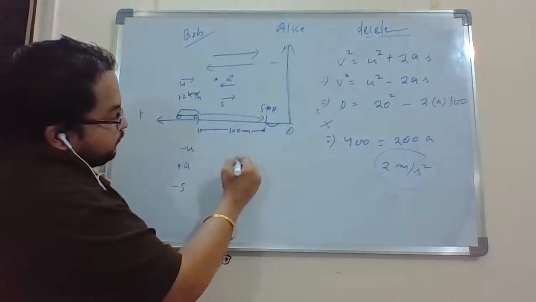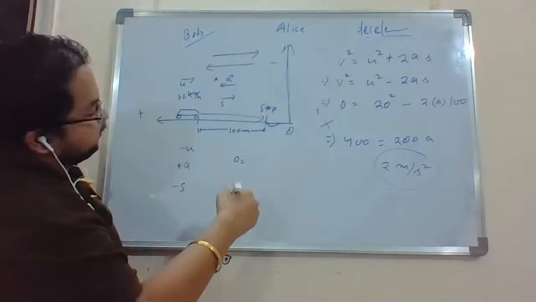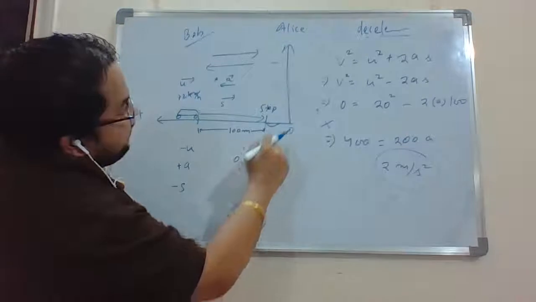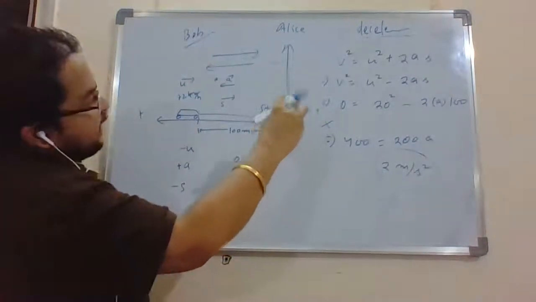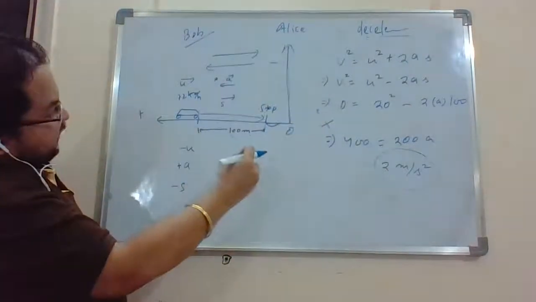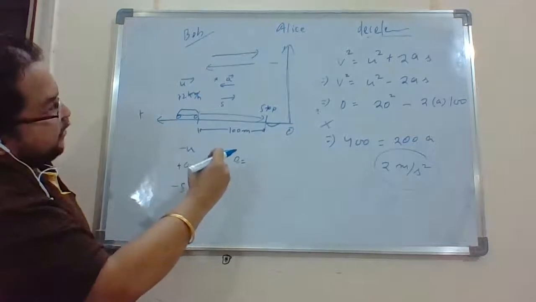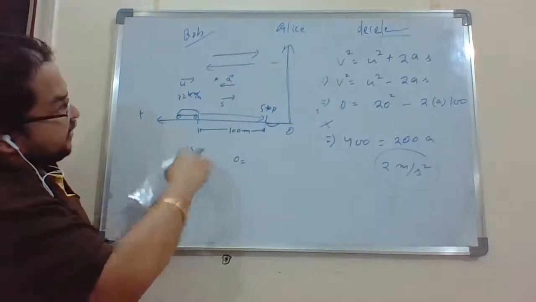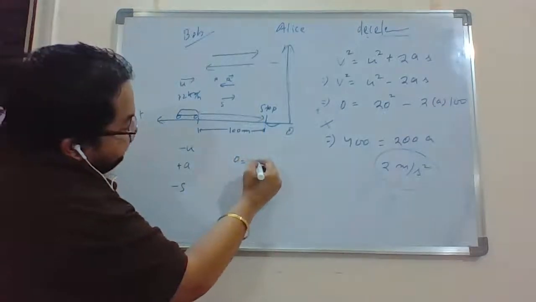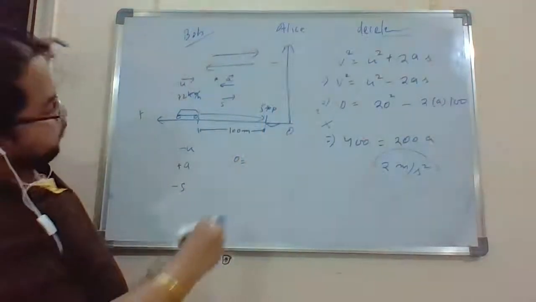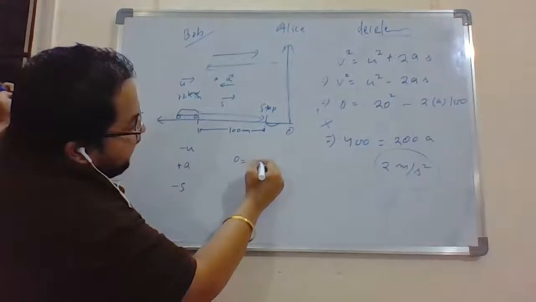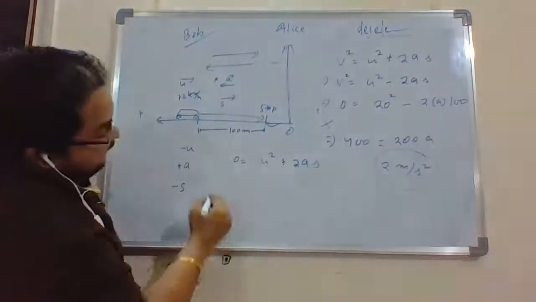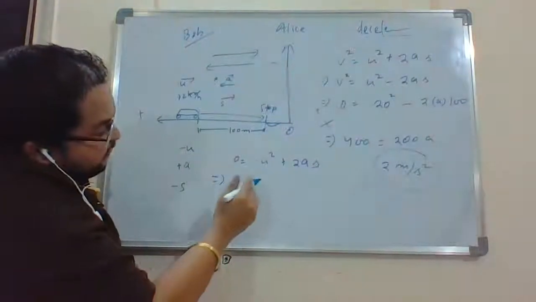So 0 equals u squared plus 2as. So for her it will be again u squared, so negative. So u was in this direction, so it was negative, and negative square is again positive. So for her it will be minus u squared plus 2as, or again the same thing comes up.